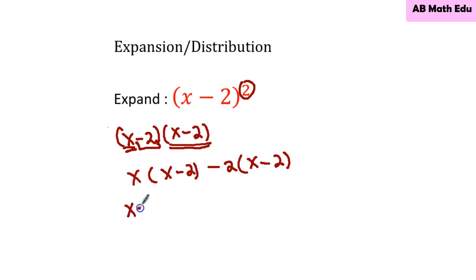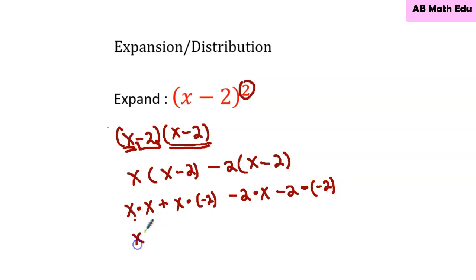So x times x. And then you bring this as a positive. So x times -2. And then you come here, -2 times x. And then -2 times -2.